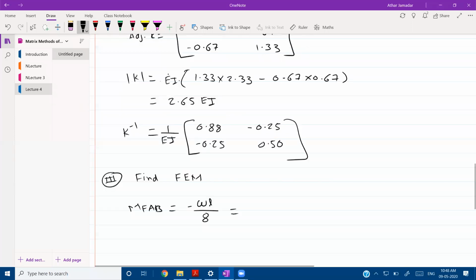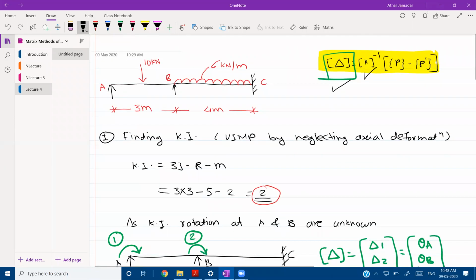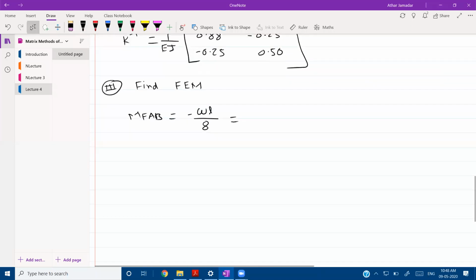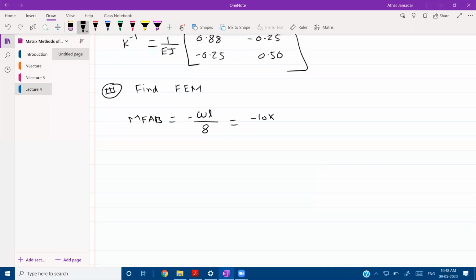So value of load is 10 and L is 3, minus 10 into 3 divided by 8. It is going to be minus 3.75 kilonewton meter, and MFBA will be same value but positive, 3.75 kilonewton meter.